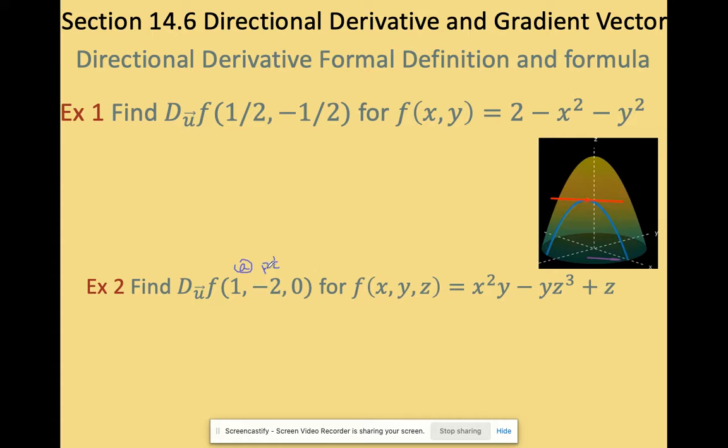So they give you a point, a surface, and they need to give you a direction.